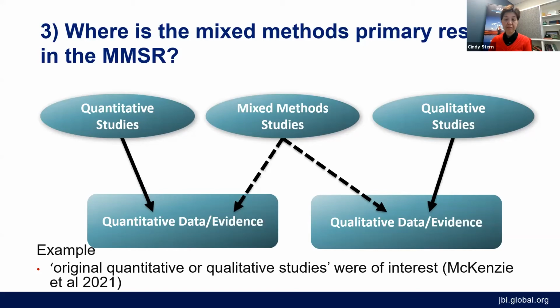So in this review by Mackenzie et al., looking at the barriers and facilitators of physical activity participation for young people with physical disability, the authors did not specify the inclusion of primary mixed methods. All they simply stated was the inclusion of original quantitative or qualitative studies.